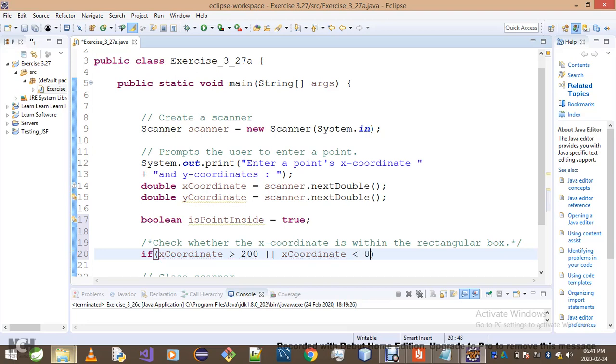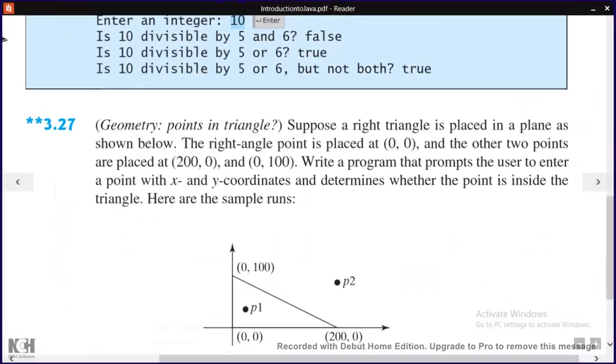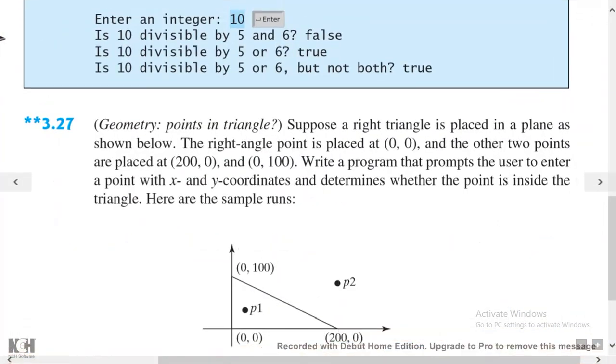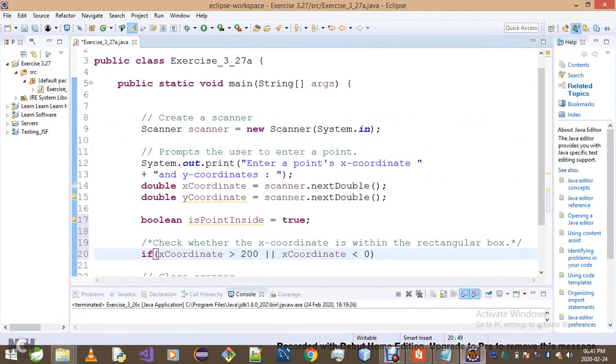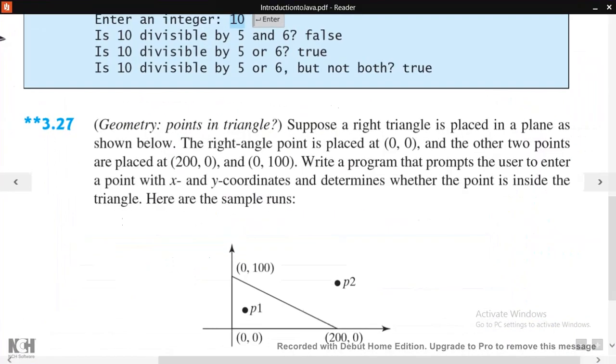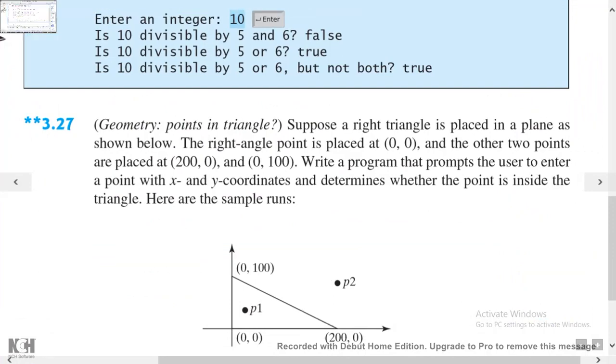So which means that our x is round about here, so it's above 200 or less than 0. That simply tells us that our x point is not within the rectangular box, which is what we're working with, right?